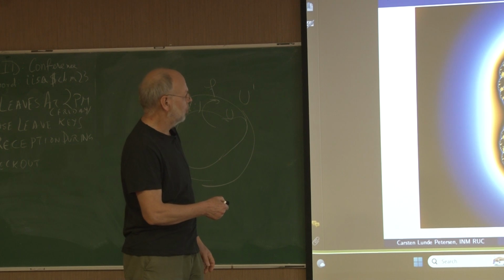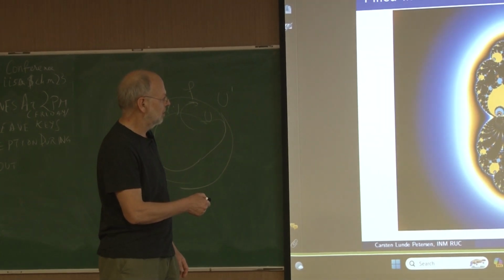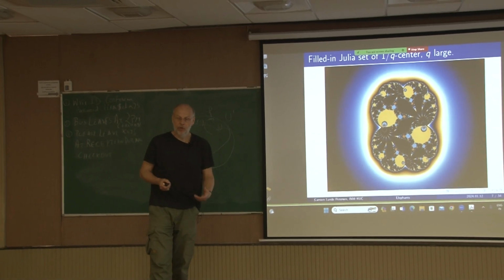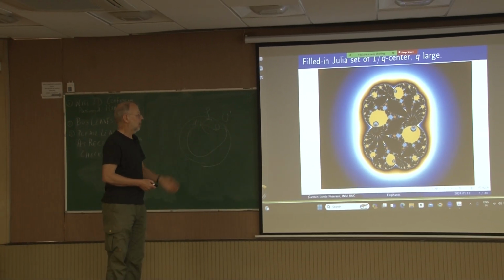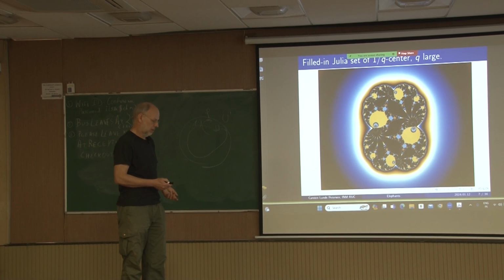I don't even know how big the Q is, but if you look at this copy here, the one containing 0, then you have all its siblings in the orbit, and you don't have a lot of room to create a polynomial-like map. And in fact, when Q goes to infinity, you lose completely the space.